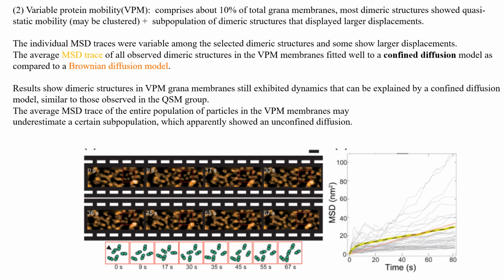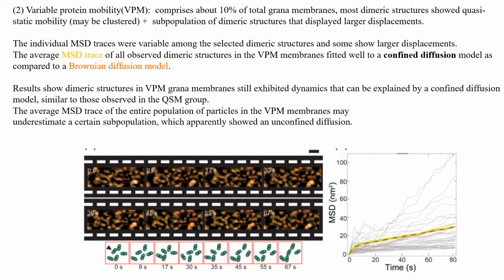So generally, if there was a Brownian diffusion, that would be represented by the orange dotted line that you can see in this graph, but the fit was not completely the orange fitted line, but more like the yellow fitted line that is present.